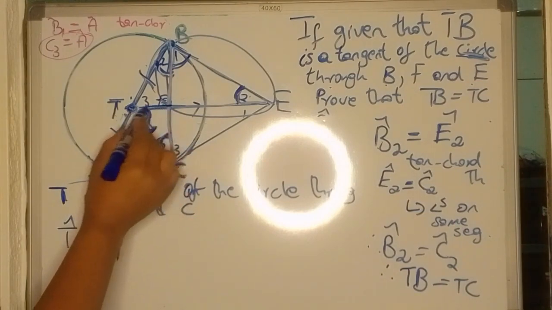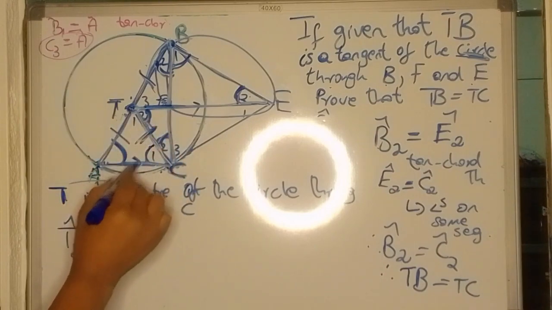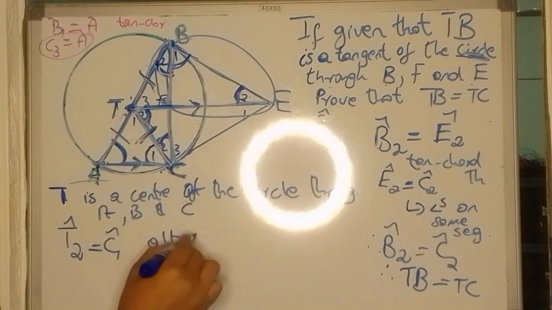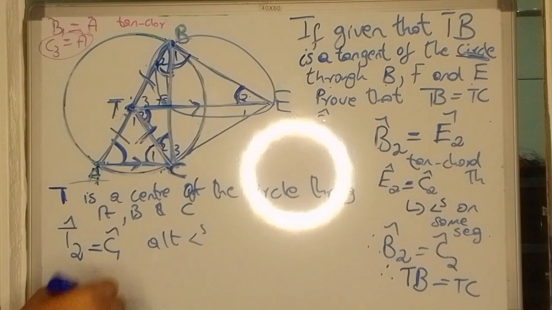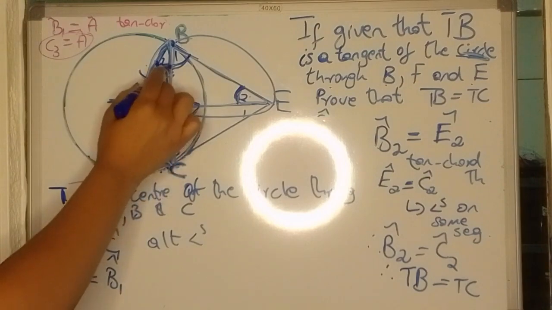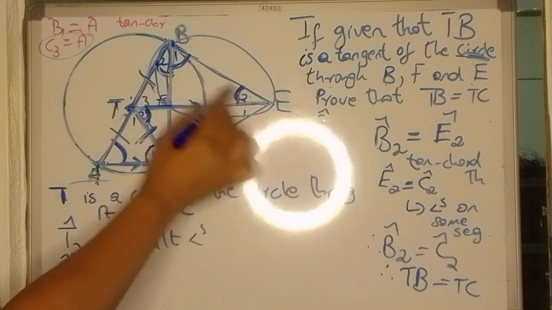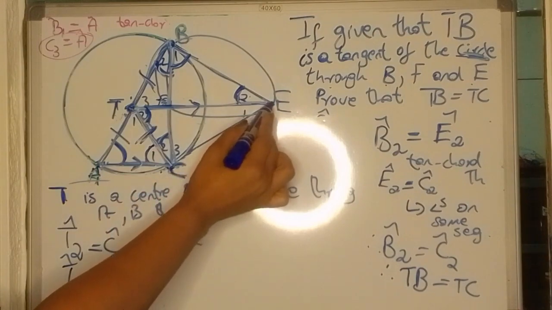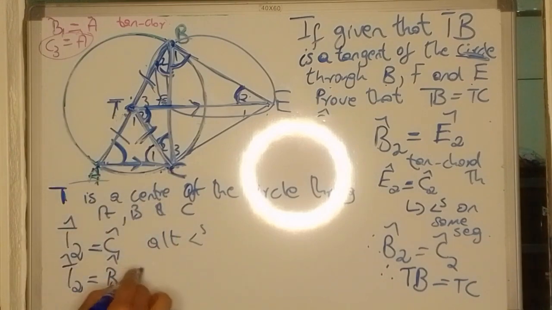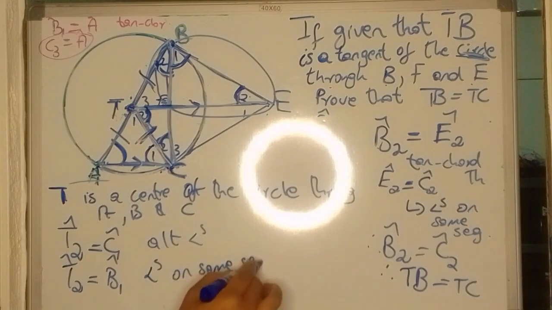T2 equals C1. Remember, this line is parallel to this one that was given. It's creating a Z, so these are alternating angles. We also know that the same angle T2 is equal to B1. They're in a bow tie, both suspended by CE, and then we had proved that BECT is a cyclic quad. Therefore, these are angles on same segment.